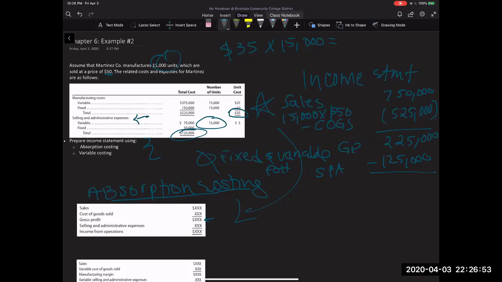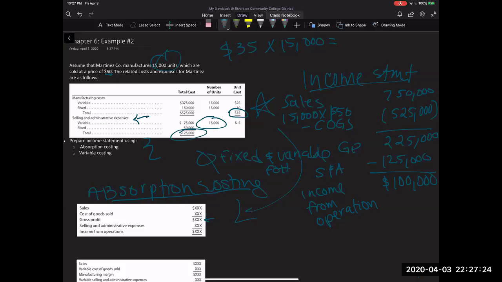So once I subtract that out, $125,000, my income from operation in this particular example is $100,000. This is my income statement under absorption costing, okay?